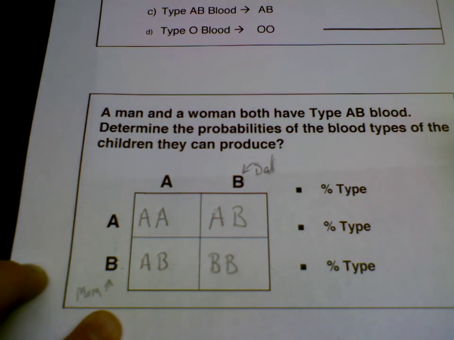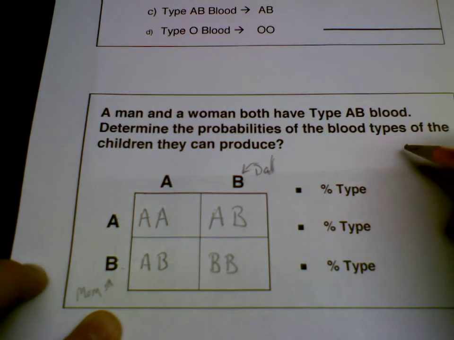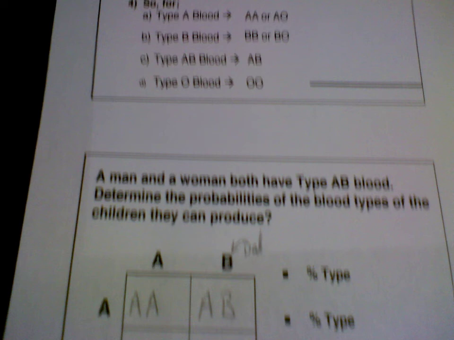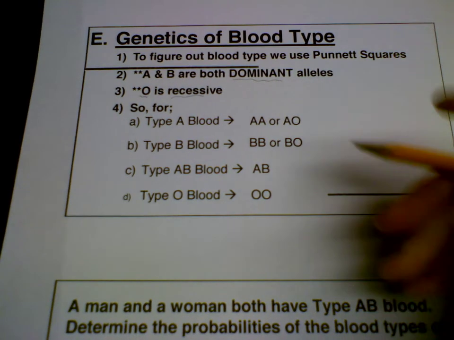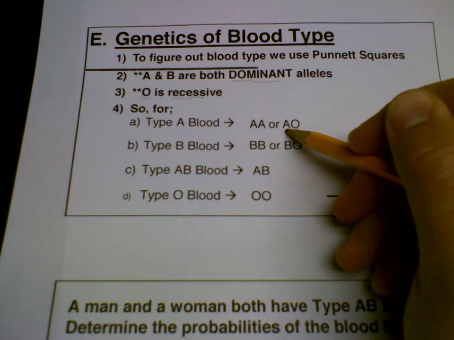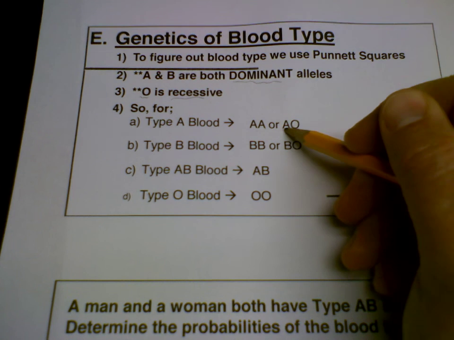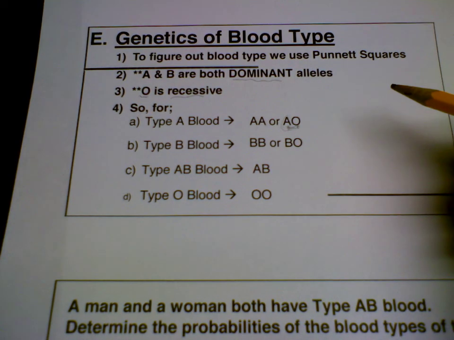So here's the question. What is the probability of each blood type? So remember, I told you type A blood would be AA or A mixed with O. And the reason is A is dominant over O. So if A combines with O, this will win out. You'll have A-type blood.